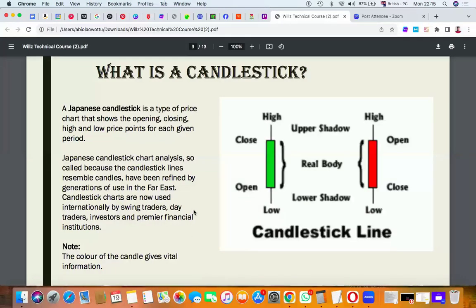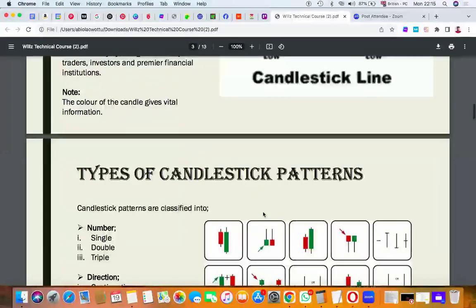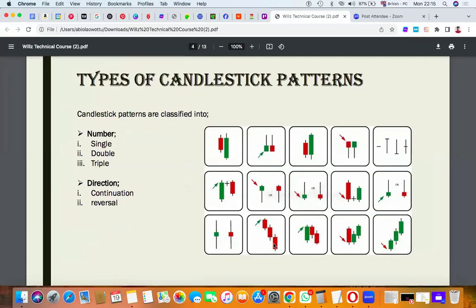Like we taught you tonight, we talked about the single scenarios of candlestick patterns and the directions. We have two different directions that they give us in the market, which is continuation or reversals. And we have single patterns, we have double or triple.